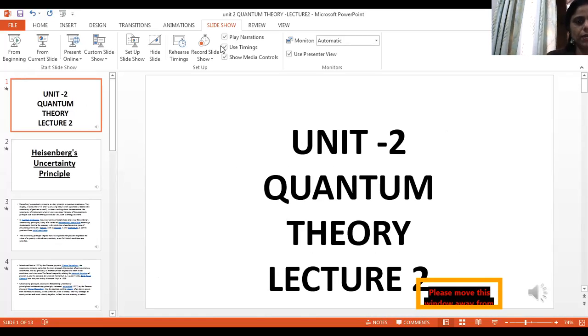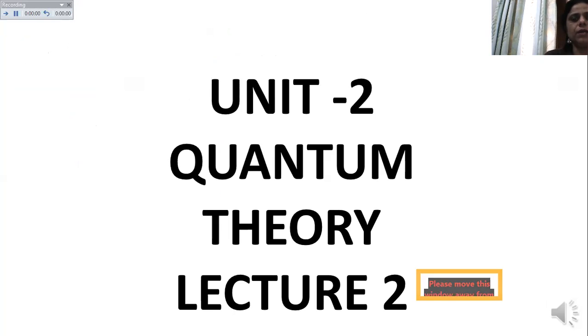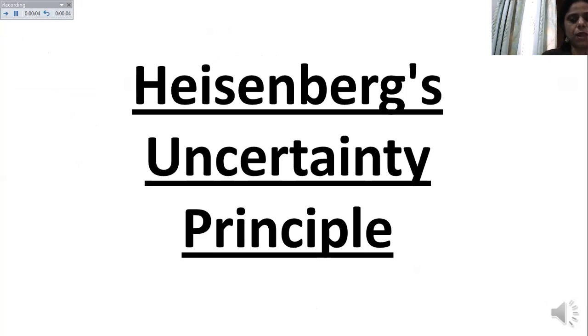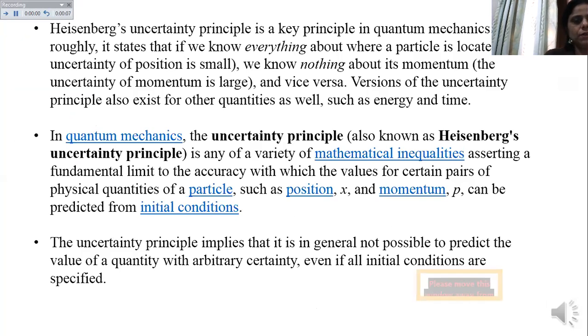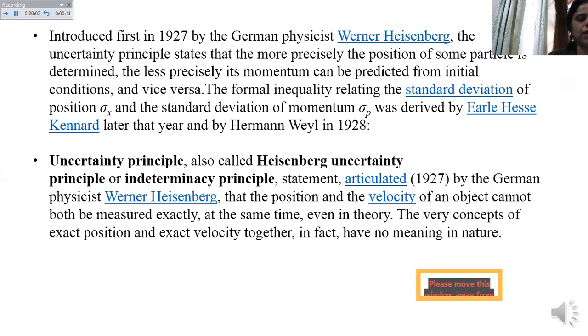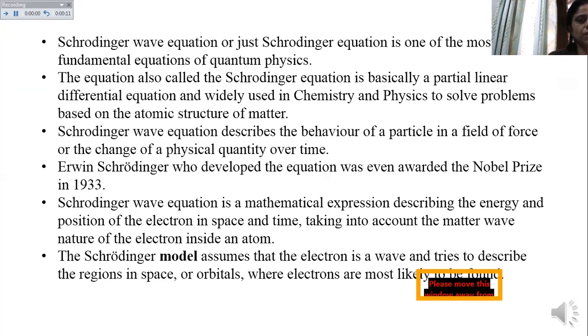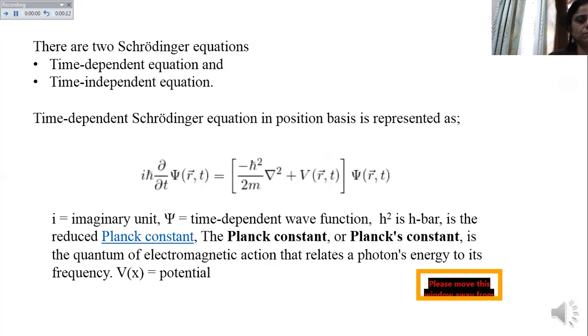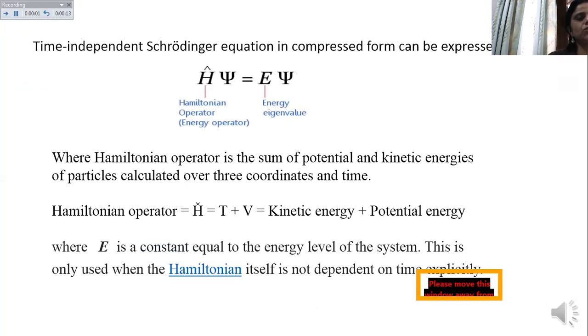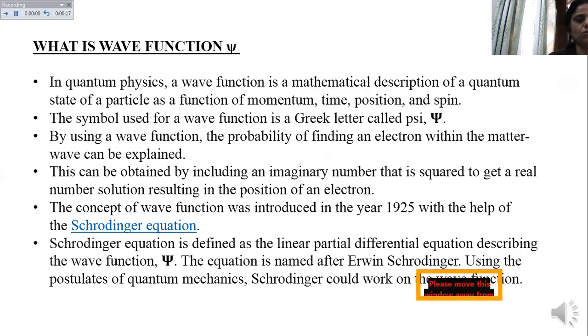So you can easily see what we have studied in this complete chapter on quantum theory. The second lecture was about the Heisenberg uncertainty principle, the uncertainty of position and the wave nature of the particle, then the Schrödinger equation, then its two parameters, the Hamiltonian and the energy, that is the eigenvalue.